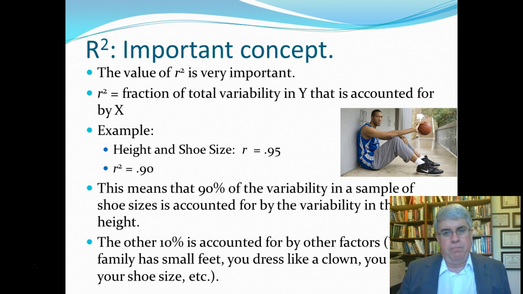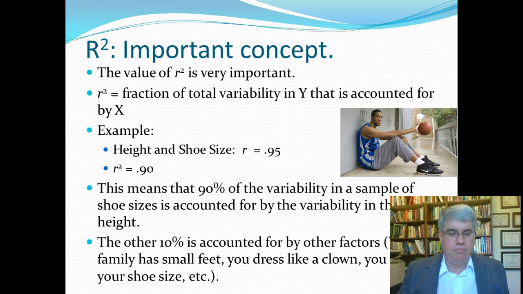So if we were to square 0.95, type into the calculator 0.95 times 0.95, we'd get an r squared of 0.90. So that means that 90% of the variability in a sample of shoe sizes is accounted for by the variability in height. And that means there's 10% that's accounted for by other factors.